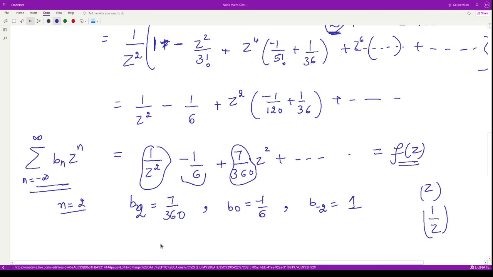Therefore, the coefficient corresponding to b1 would be 0, and the coefficient of the term 1 by z raised to power 1, or you can write this as z raised to power minus 1, is also 0. So from here our b2 comes out to be 7 by 360, b naught comes out to be minus 1 by 6, and b minus 2 comes out to be 1.